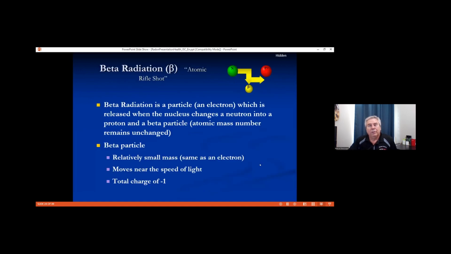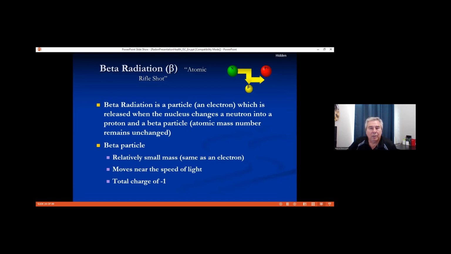We're going to talk about beta radiation. Now, beta radiation is a particle the size of an electron, which is released when the nucleus changes a proton to a neutron or changes a neutron into a proton. So there's a beta particle that occurs. It could also occur where you have this alpha particle flying through the air, and it dislodges an electron from a neighboring atom at that point.